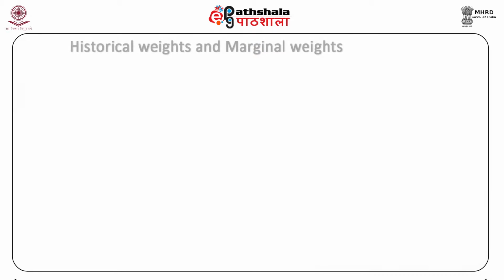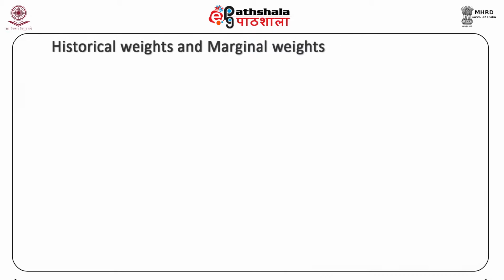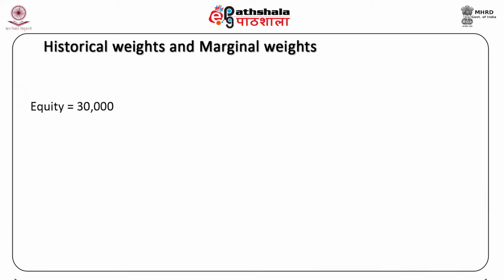The concept of historical weights and marginal weights can be made clearer with the help of the following example. Suppose there is a company with its present capital structure comprised of equity and debt. Out of total capital of rupees 50,000, debt component is 20,000 and equity component is 30,000. Now, if the company wants to raise additional finance of rupees 20,000, it has two options.